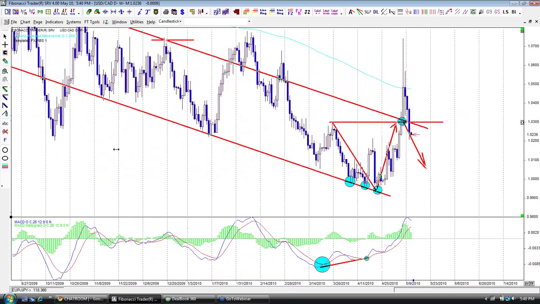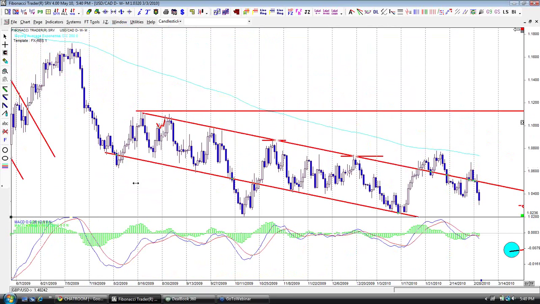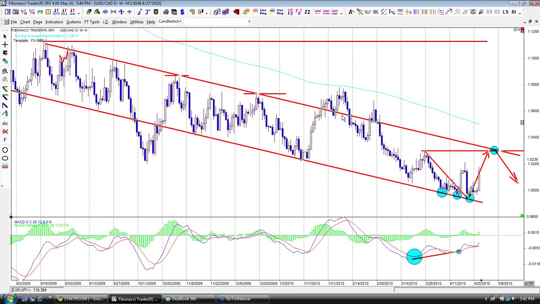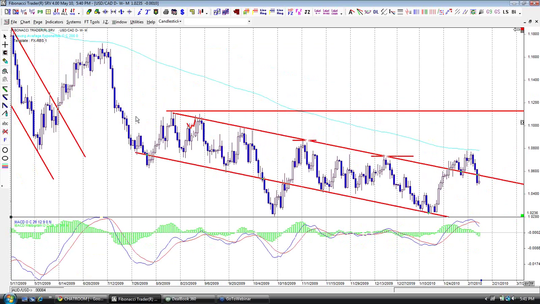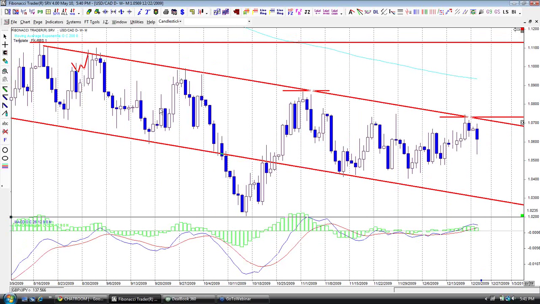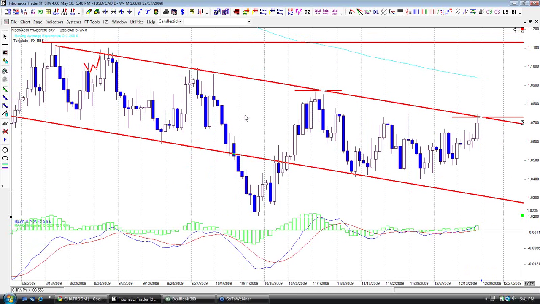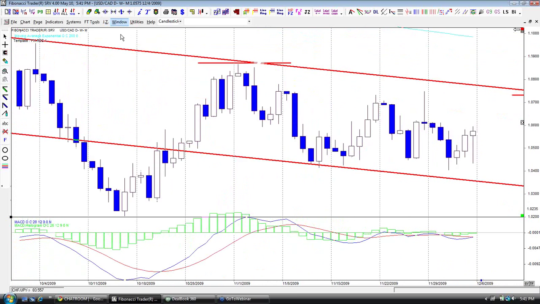Now here, this is USD Canadian. And USD Canadian has been trading in this bearish channel for a very, very long time. It's been in this channel since mid-2009. Now, since we know that we have this channel formed, of course now we're on a daily, we won't be able to see any patterns.